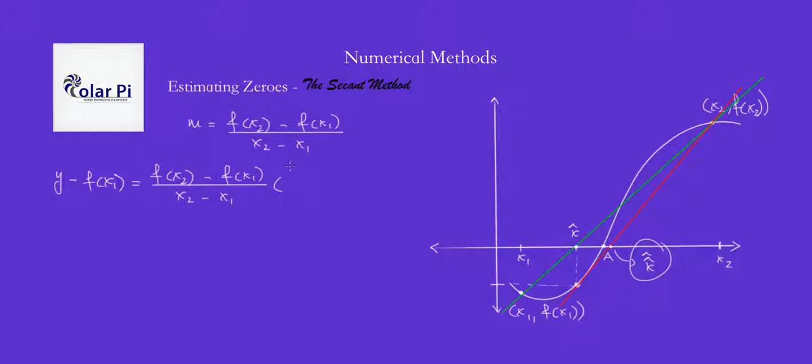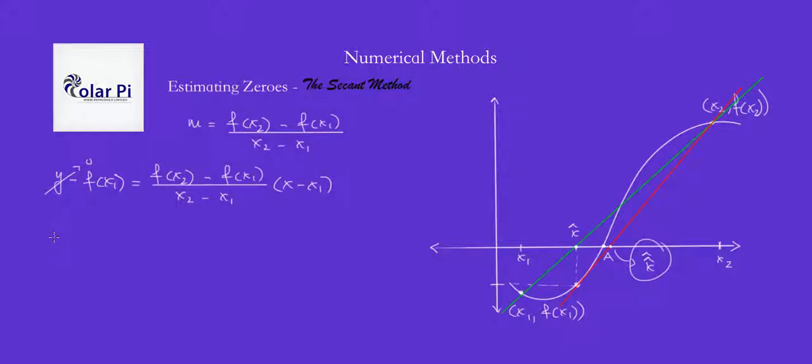And so to get to x hat, our very first estimate, we just need to solve for this x, after setting y equal to 0, because this x hat is a 0 of that secant line. So, therefore, y has to be 0. And so, once we make y 0, we just have to solve for this x.